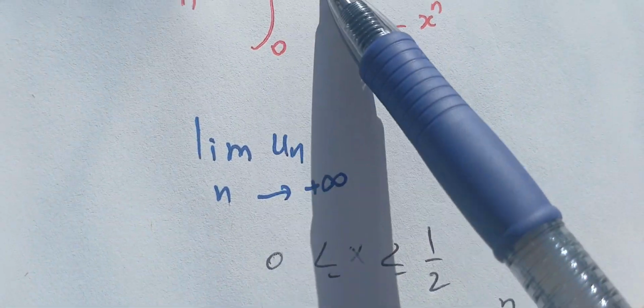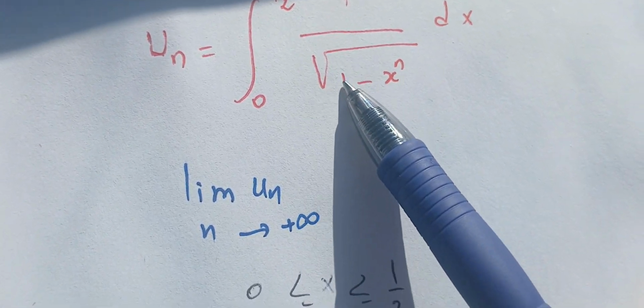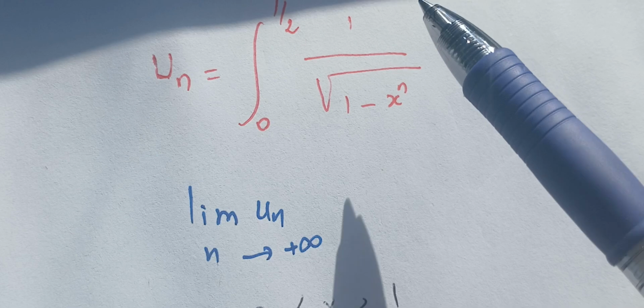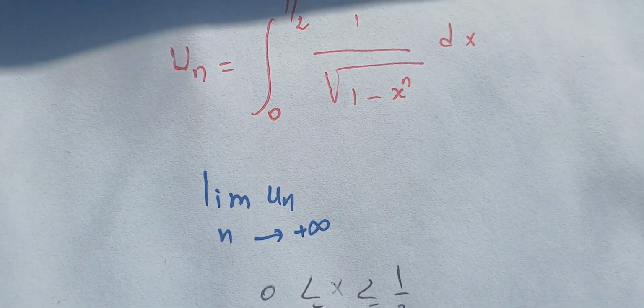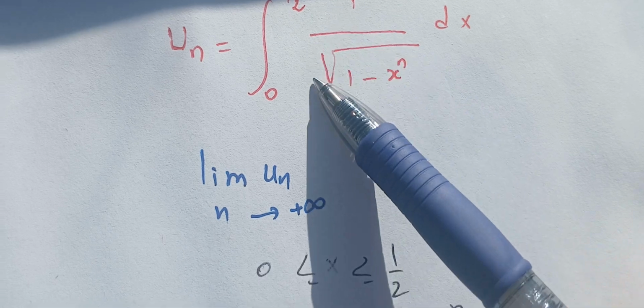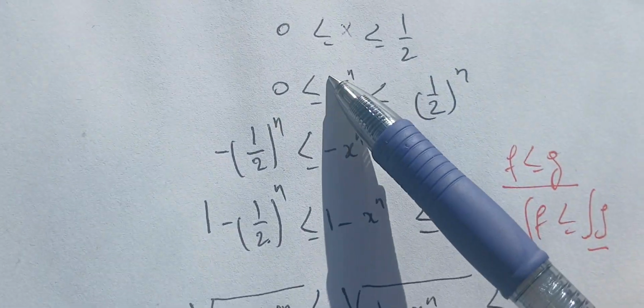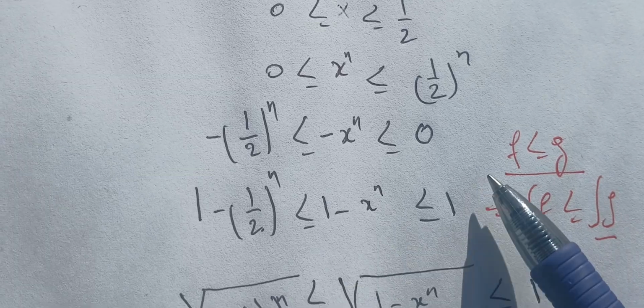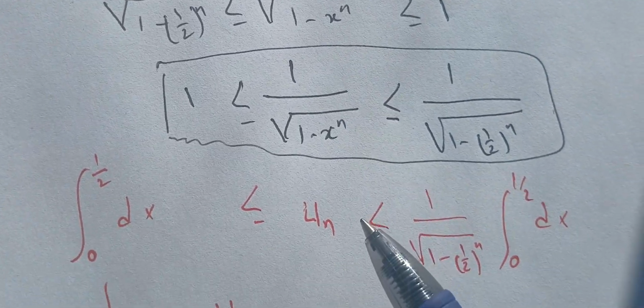Note here that we can use other techniques without using the squeeze theorem, but that means finding a primitive of this integral. We can do that, but the squeeze theorem is very nice and beautiful, and it leads us directly to the result as we have seen here.